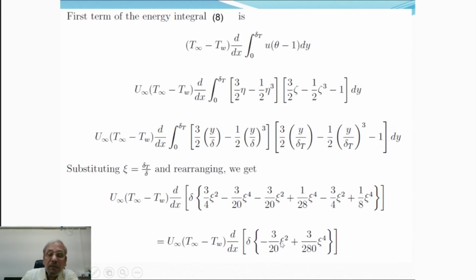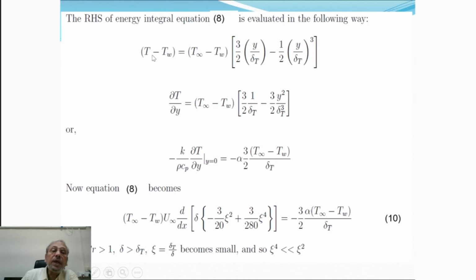After further simplification, we write u infinity (T infinity minus TW) d/dx of delta into curly bracket of minus 3 by 20 zeta square plus 3 by 280 zeta 4. So this is the left hand side evaluation of the energy integral equation.